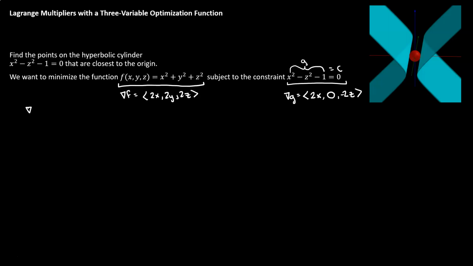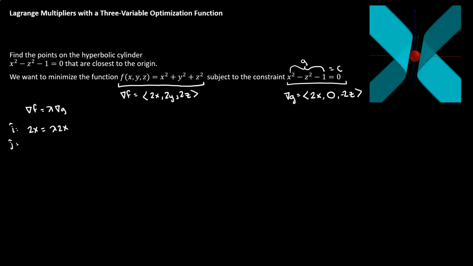From here, we will start our system of equations by setting up gradient f is equal to lambda gradient g and separating those into the components. So the i hat component from gradient f is 2x. And then from lambda gradient g, that would look like lambda 2x.